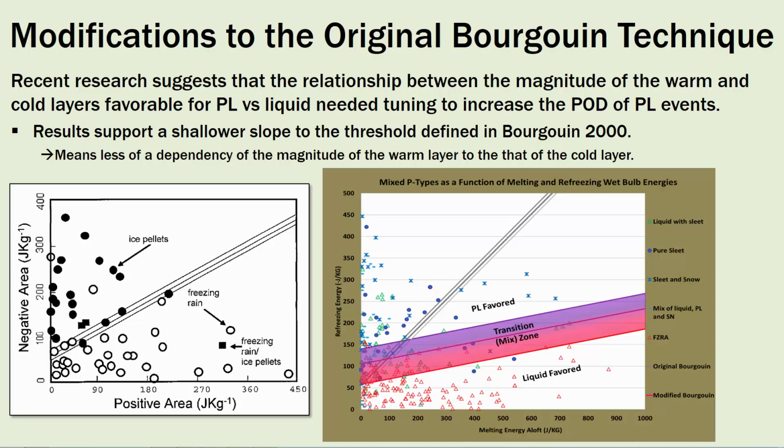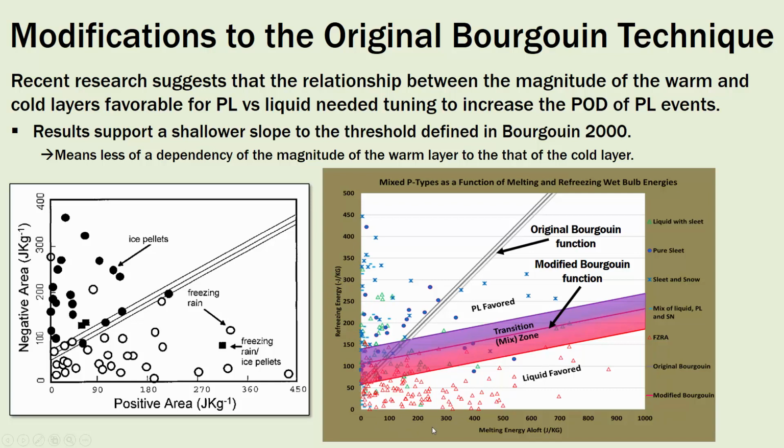And in doing so, what we found was for some of these cases where we saw very, very large melting layers aloft, we did not need nearly as much refreezing energy as the original Bourgouin threshold suggested here. This is the original Bourgouin for reference. Instead, we find a much shallower slope to our function between the melting energy aloft and the refreezing energy in the low levels beneath it.